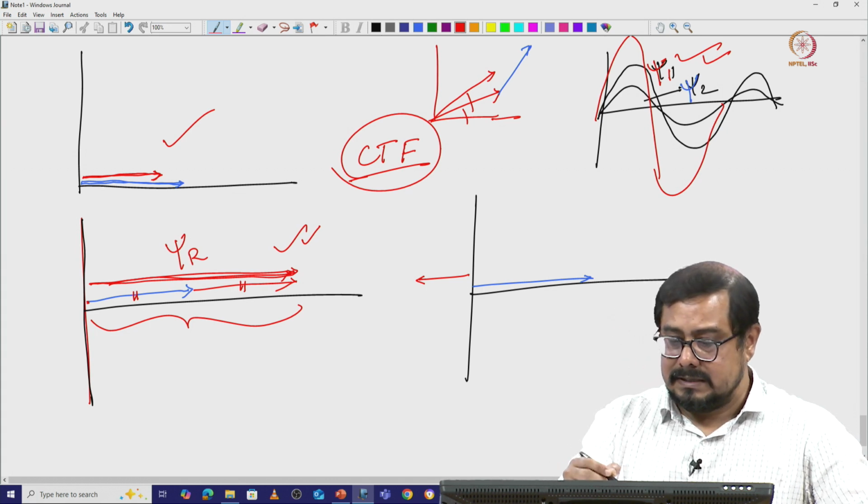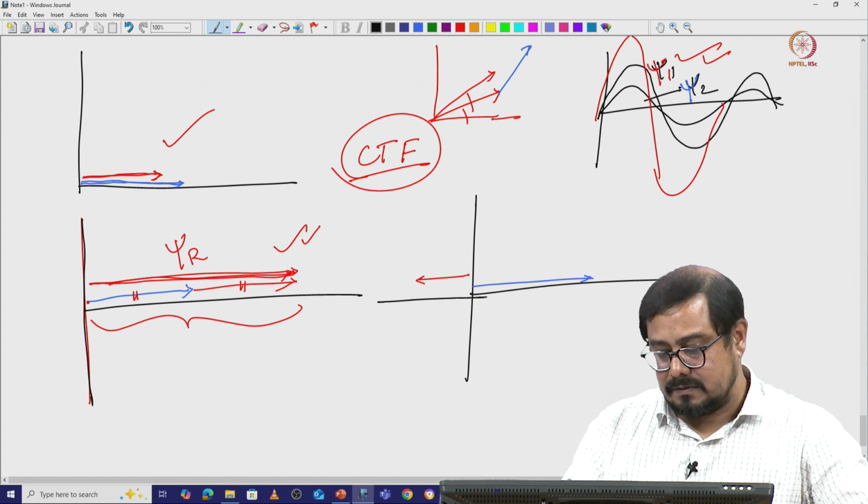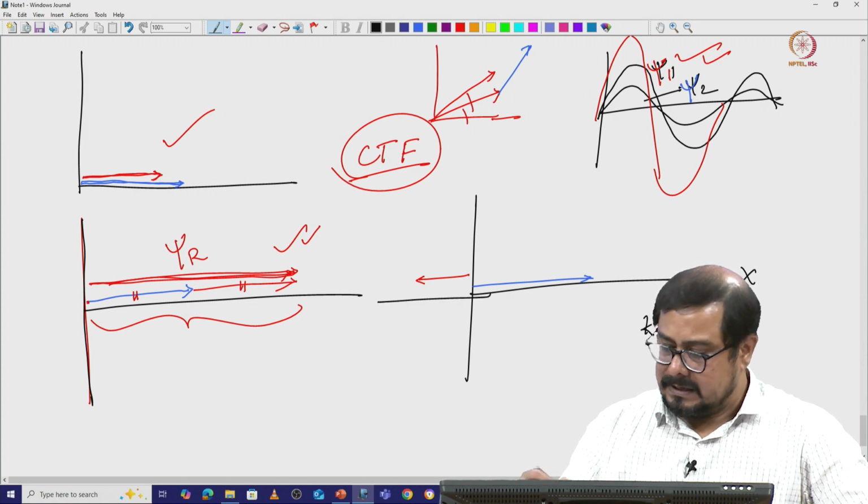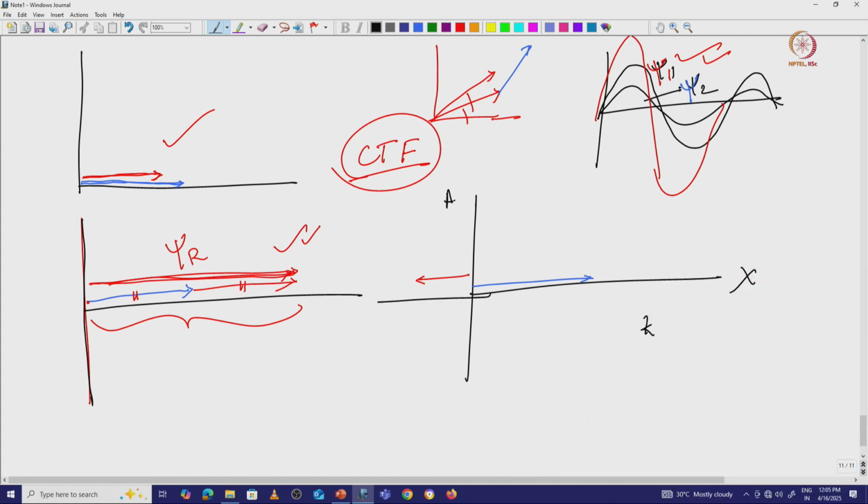So, here this is the x axis and this is our amplitude. The amplitude is also different. Now, in this particular case, what do we have to do? We have to take this wave, and this is the end of the first vector, and from this end we have to start the second vector, and the second vector will end here.